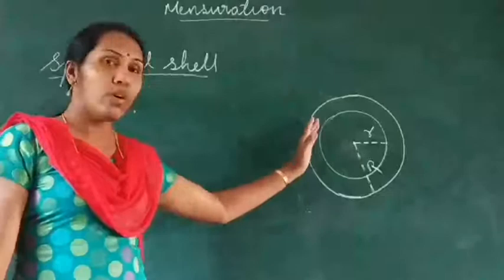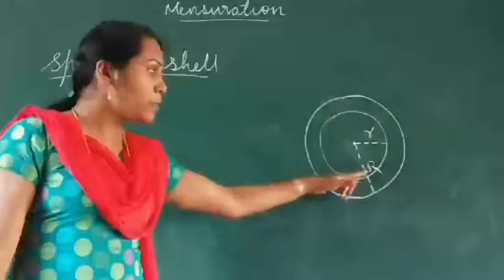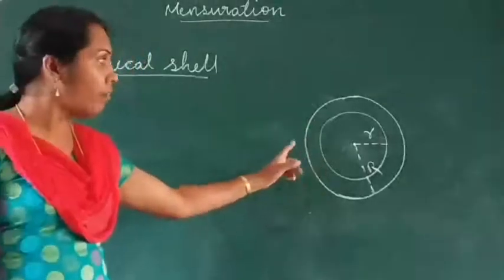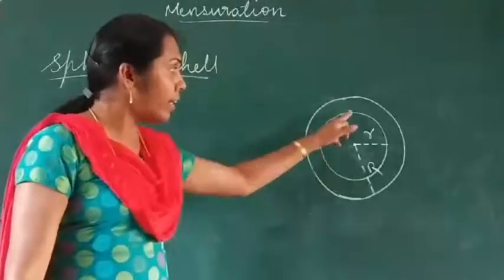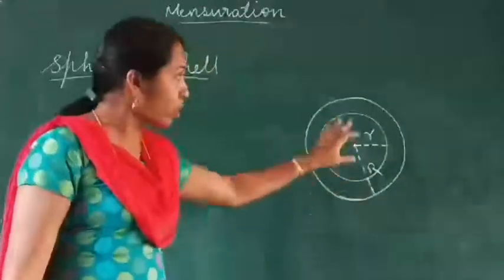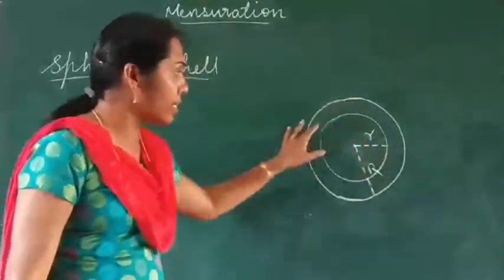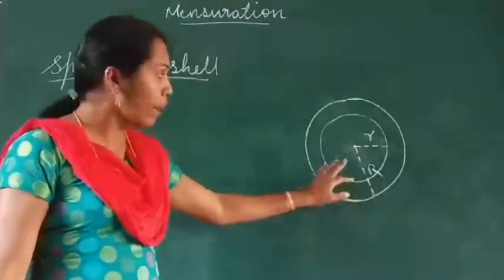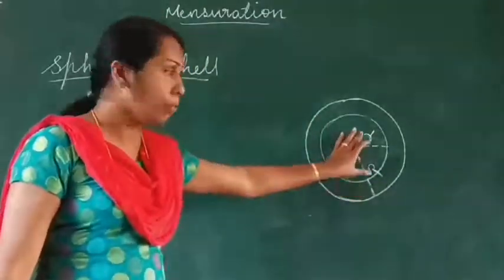A solid enclosed between two concentric spheres is called a spherical shell. So here we have the inner sphere with radius small r and the outer sphere with radius capital R. So the solid enclosed between these two spheres is a spherical shell. The thickness of this spherical shell can be obtained by subtracting capital R minus small r.